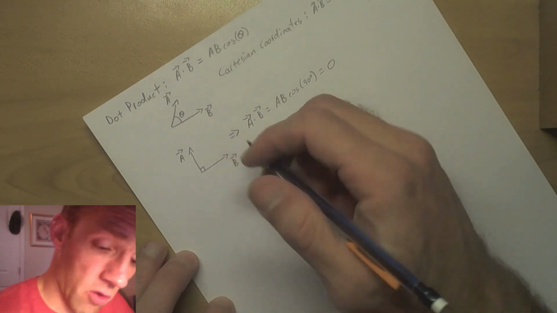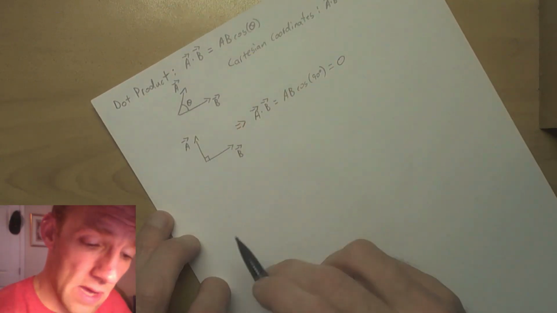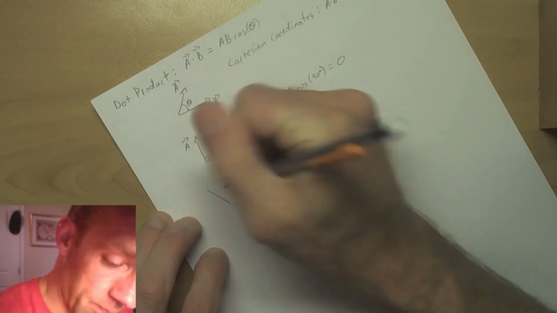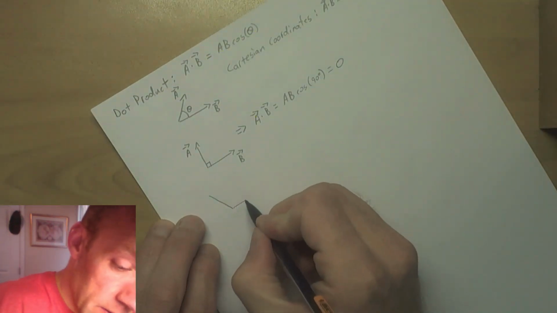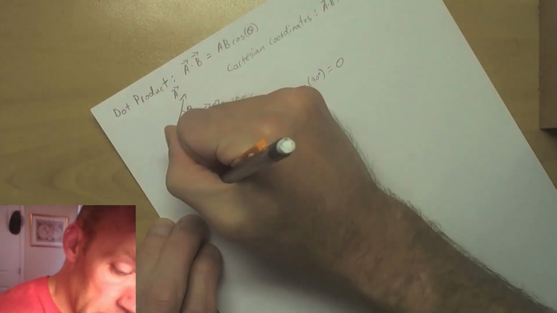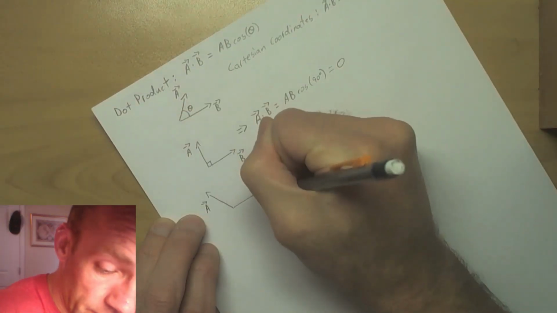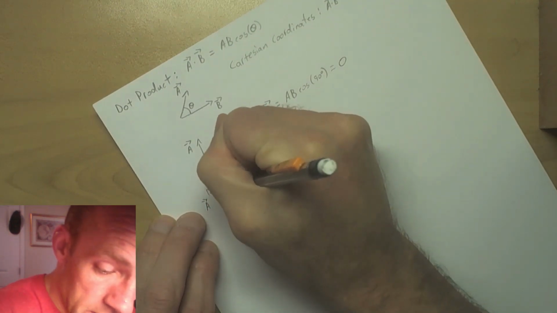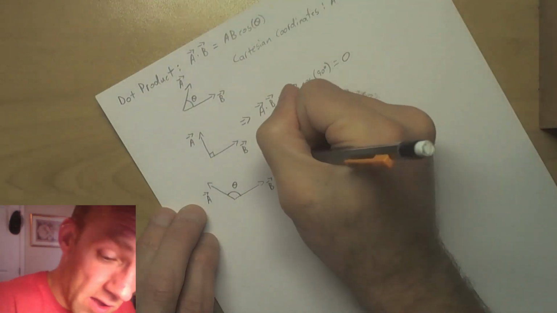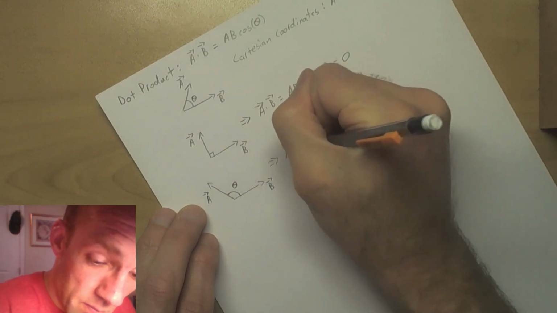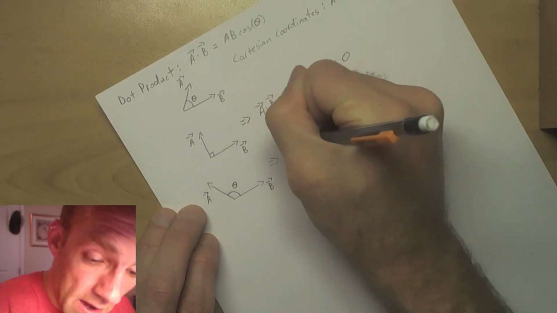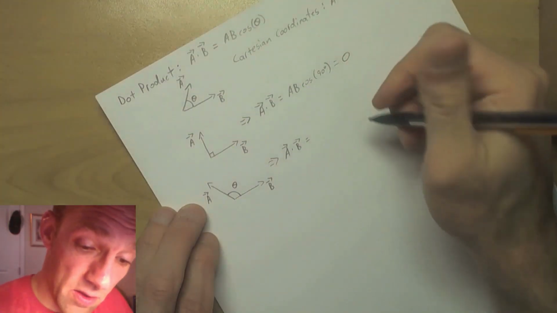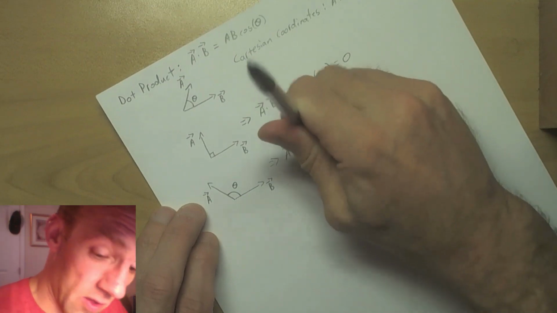And also, theta could be greater than 90 degrees. So if we have something like this, where A is over here, then in this case A dot B is less than 0.